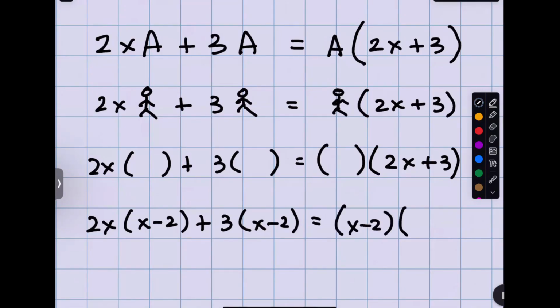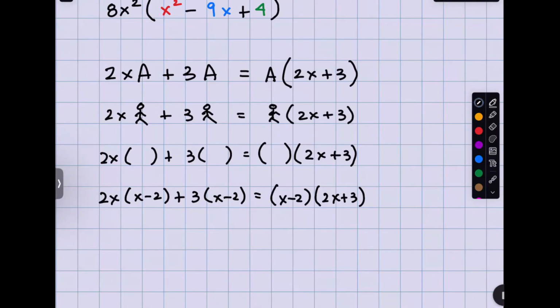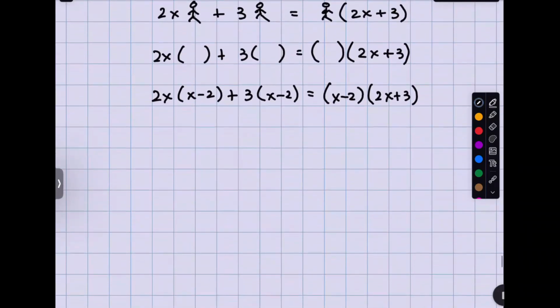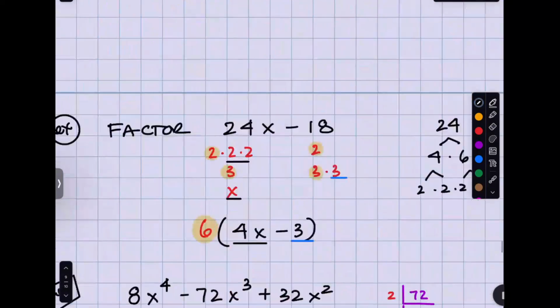What's left? Do you guys agree? So again, no trick questions here. There's a reason why I'm doing this, because it goes into the next section called, what did I call this? Factoring. Okay.